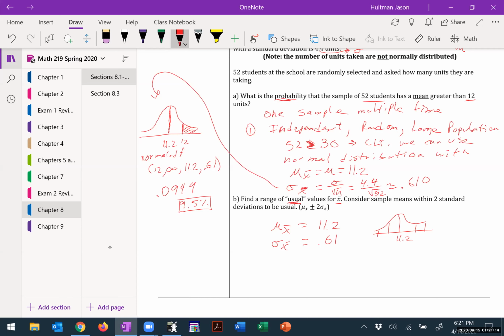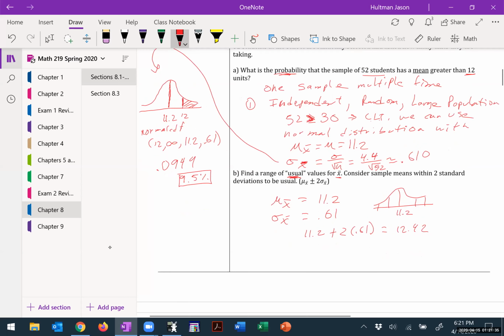So if I add 0.61 twice, 11.2 plus 2 times 0.61, I get 12.42. If I take 11.2 and subtract 0.61 twice, I get 9.98.